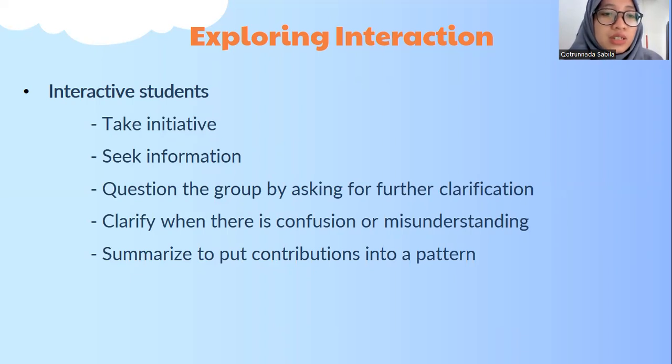The first, take initiative, for example, offer opinions, change direction, and provide new ideas. And then seek information: ask for facts, solicit opinions, and question the group by asking for further clarification and clarify when there is confusion or misunderstanding. And then summarize to put contributions into a pattern.